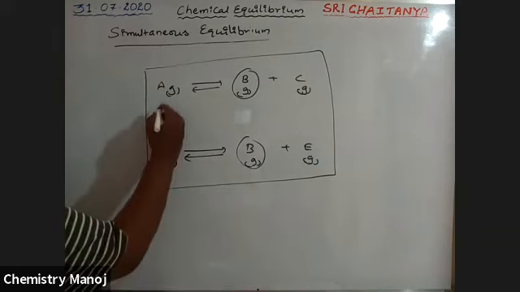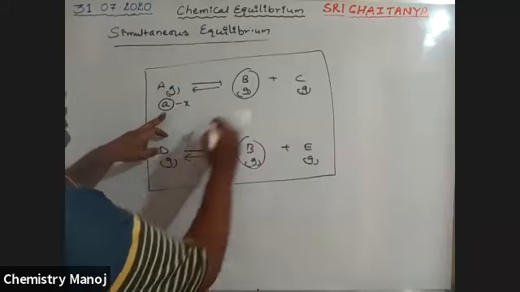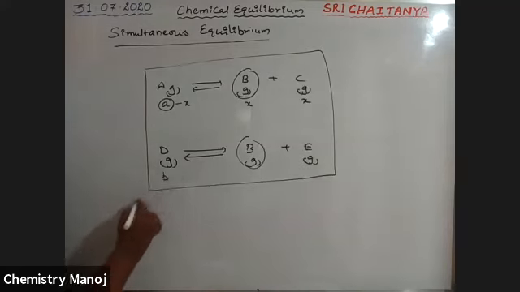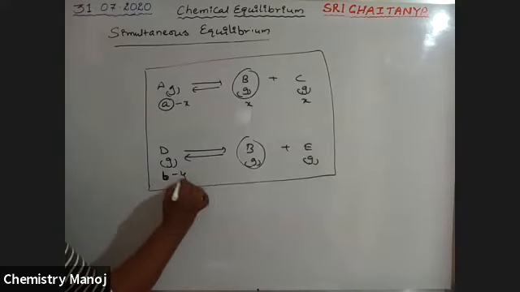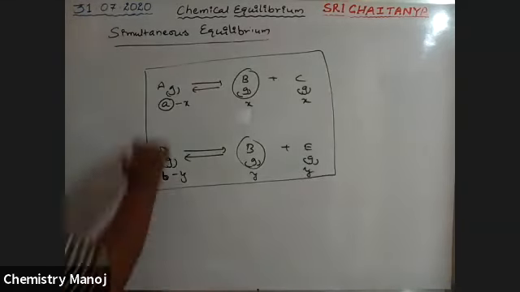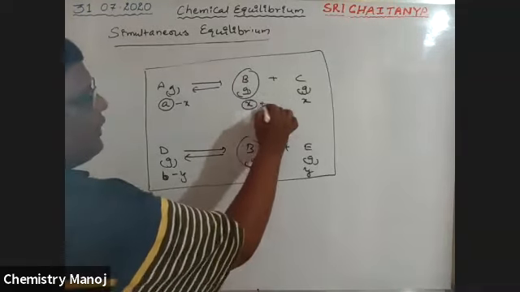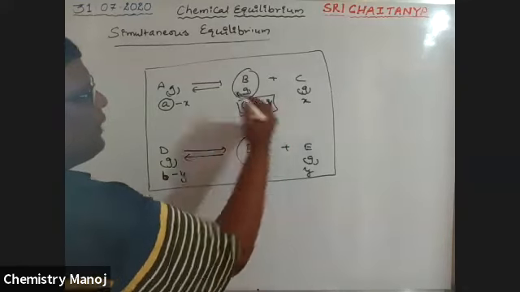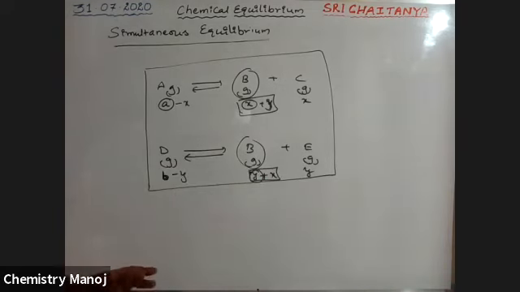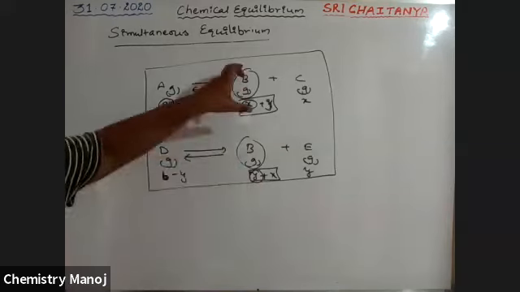For example, I am considering A moles of A taken, from which X is decomposed, so X and X are formed. If I am taking B moles of this, Y is decomposed, so Y and Y are formed. Now in this equilibrium, what is the concentration of B? Here X, here Y. Therefore, x plus y is the concentration of B. Here also x plus y is the concentration of B. That means the B concentration is considered from both reactants, the sum of both.